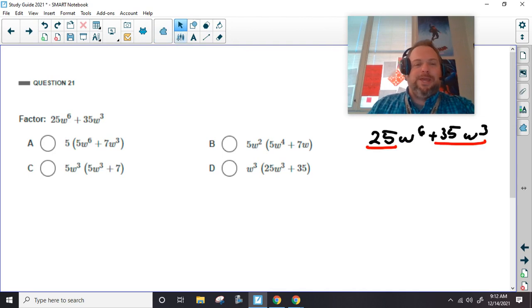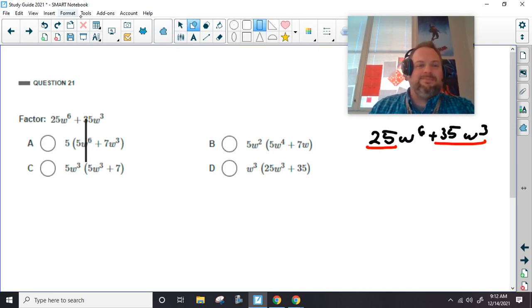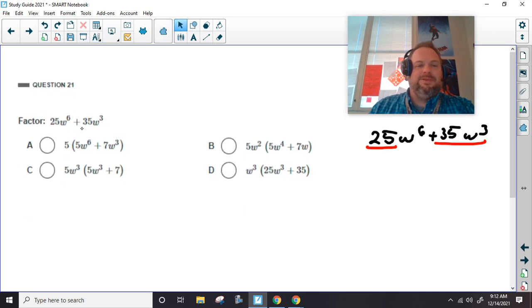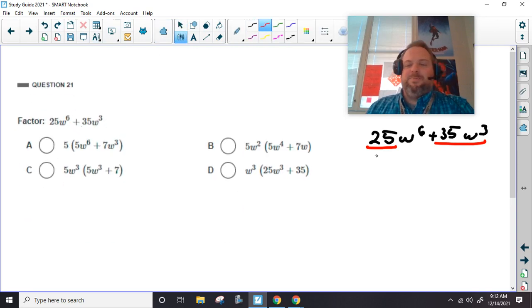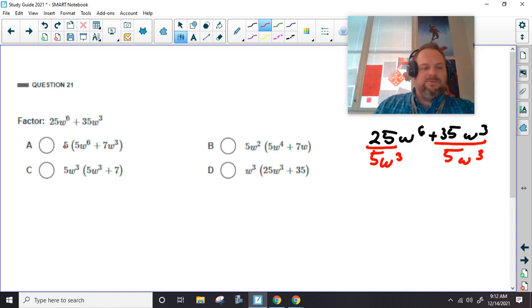All right. 21. So the biggest number we can divide out of this is 5. The smallest exponent is to the third, so that cancels that, and that.